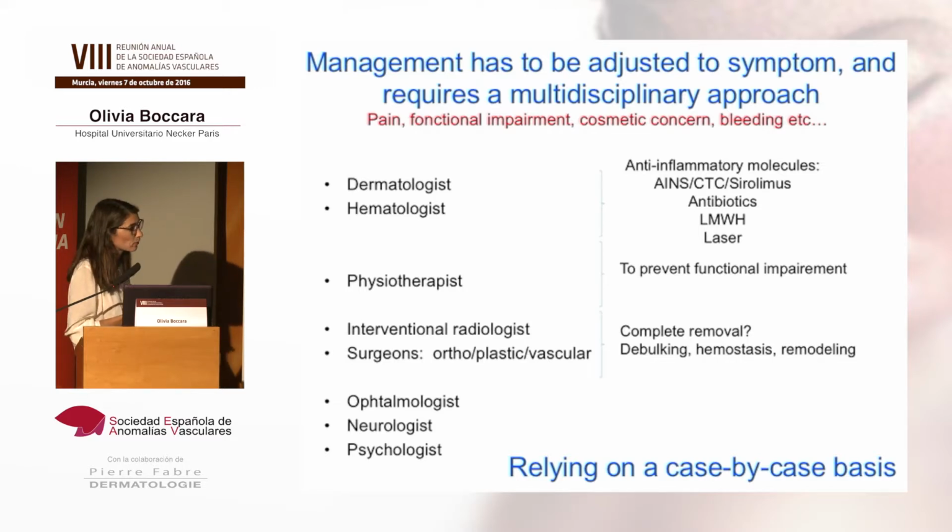However, despite all this increasing knowledge about mechanism, the management of those venous malformations still remains symptomatic and requires, as we said before, a multidisciplinary approach with the dermatologist, the hematologist, the physiotherapist, the surgeons, interventional radiologists, and using many different kinds of medical or interventional treatment, and the management still relies on a case-by-case basis.